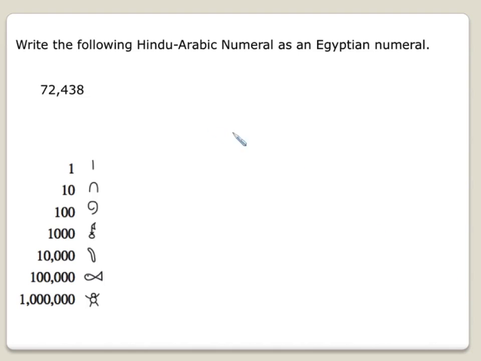Next, we want to be able to write the Hindu-Arabic numeral right here, 72,438, as an Egyptian numeral. Okay, so we just look here at the 7, and that means 70,000. So that means we're going to have 7 of these guys, 7 10,000s. So we're just going to draw 7 pointy fingers.